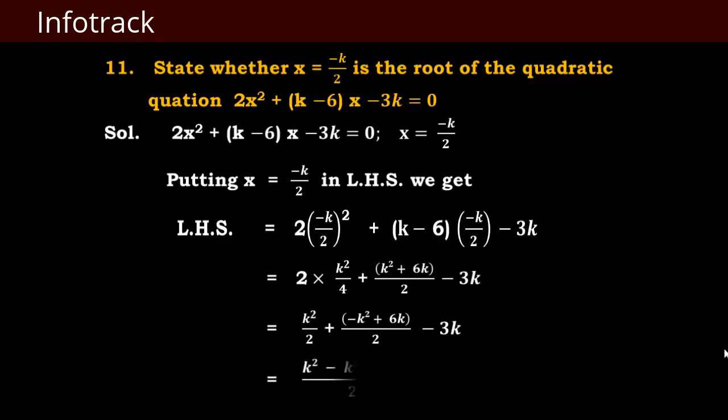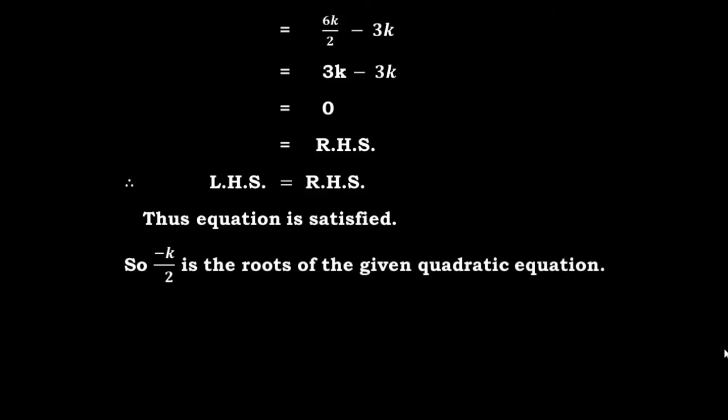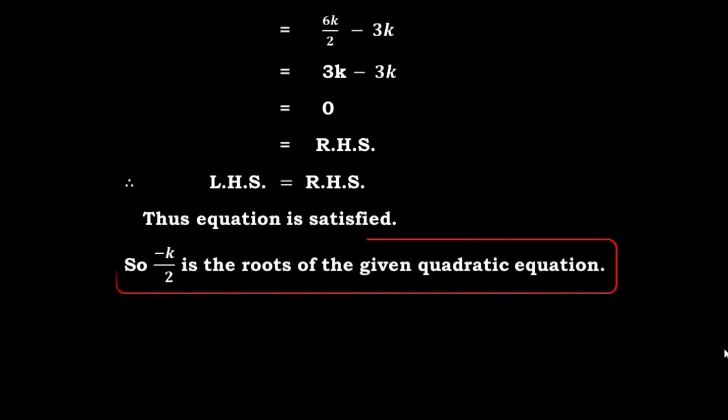So k square upon 2 minus k square upon 2 plus 6k upon 2, the k square get cancelled. We have 6k upon 2 minus 3k, that is by dividing 6 and 2 we will have 3k. 3k minus 3k is 0. So this is equal to RHS, that means LHS is equal to RHS, thus the equation is satisfied. So minus k upon 2 is a root of the given quadratic equation. See, you have to check whether these values satisfy the given quadratic equation or not.